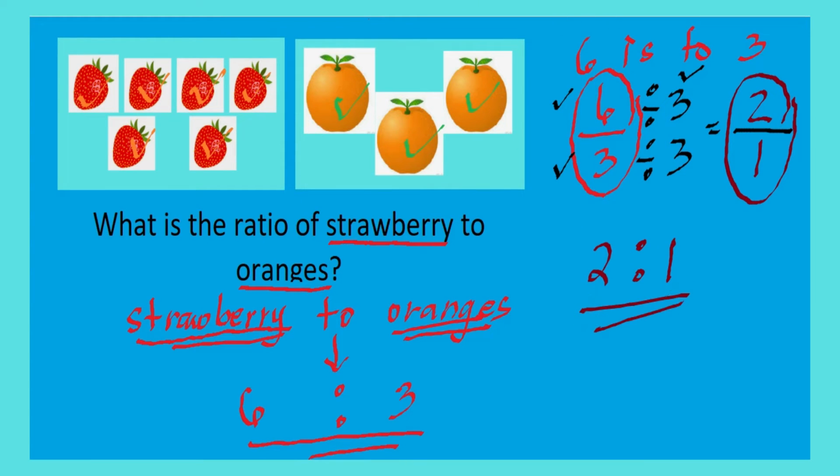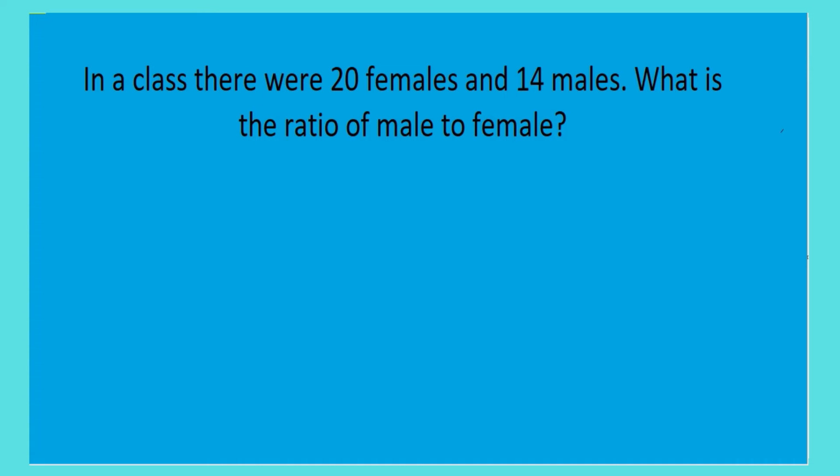Okay. Now let's have another example, and this is in the form of a word problem. Given that in a class there were 20 females and 14 males. What is the ratio of male to female? The very first thing that you are going to do is identify the question. It says here male to female.